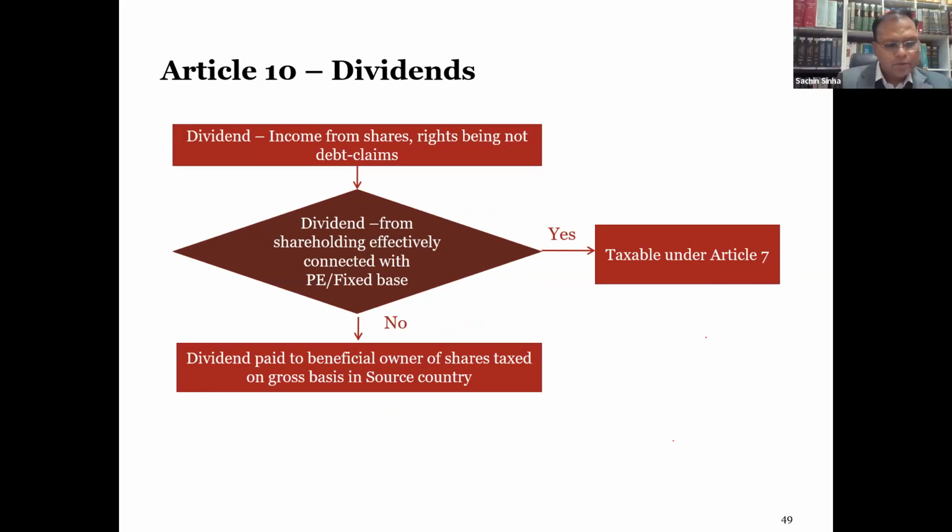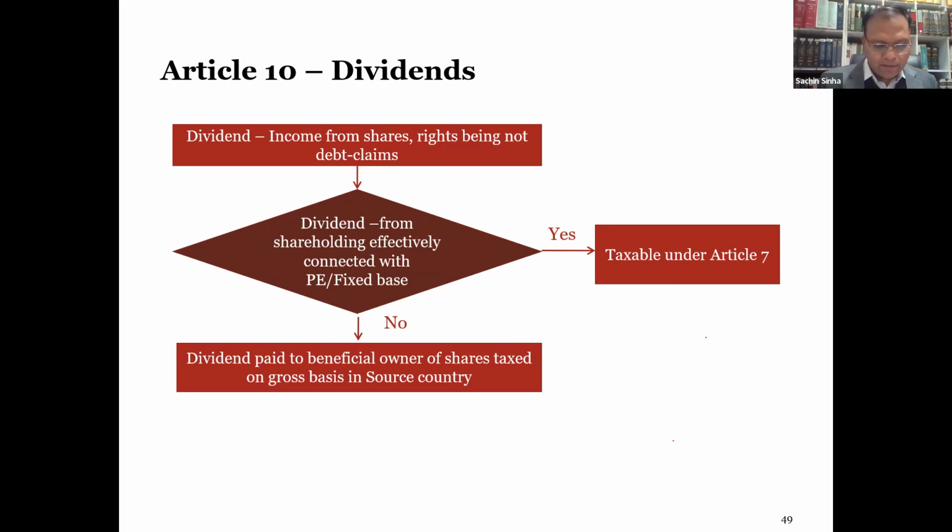Okay, thank you. So we have discussed the basic concept so far. Now the point is, for a particular income, how to tax it and how to understand it in the context of the treaty. Before going to the treaty, we need to understand for every transaction what the domestic law says. While referring to dividend, of course, Section 9(1)(iv) would be applicable, and it says the dividend paid by an Indian company to anyone is taxable in India.